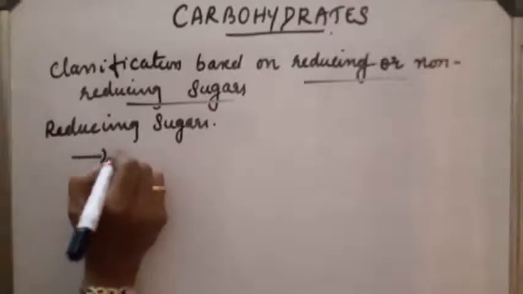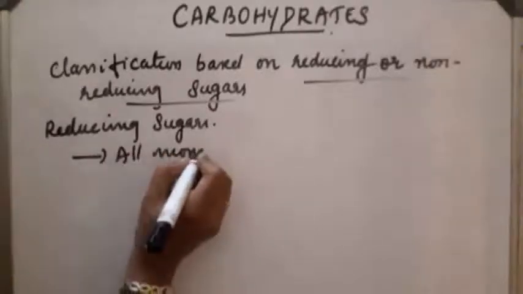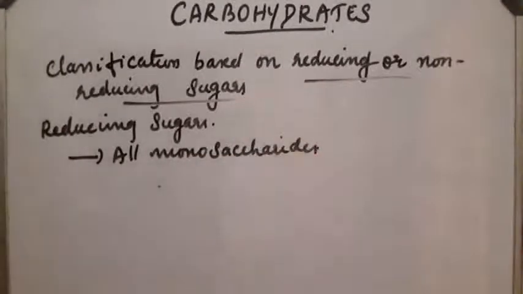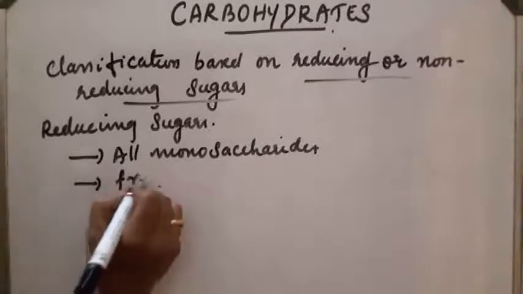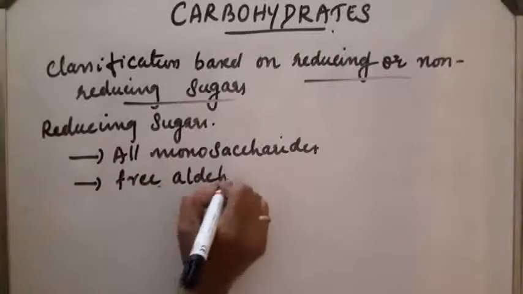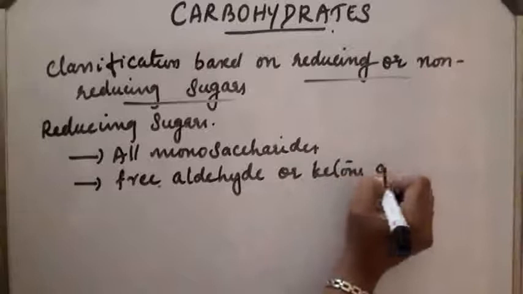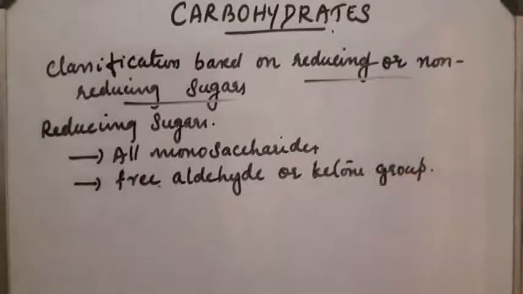This includes all monosaccharides. These sugars contain free aldehyde or ketone groups, so they give tests like Fehling solution and Tollens reagent. That is, they reduce Fehling solution and Tollens reagent. These are the two important tests for aldehydes and ketones.